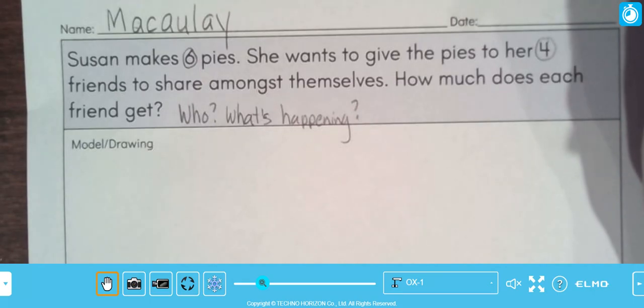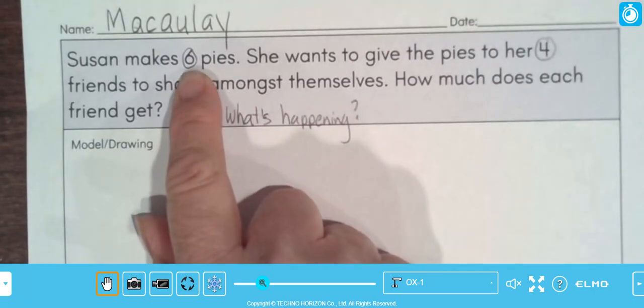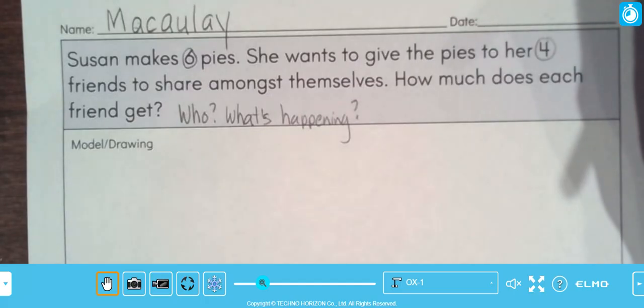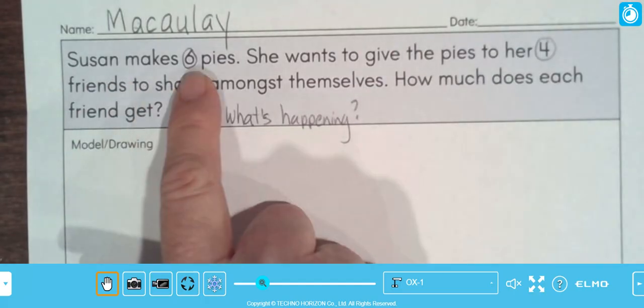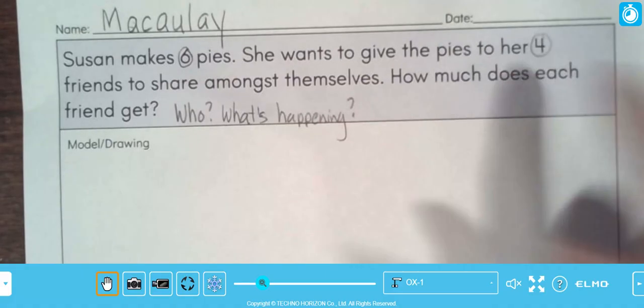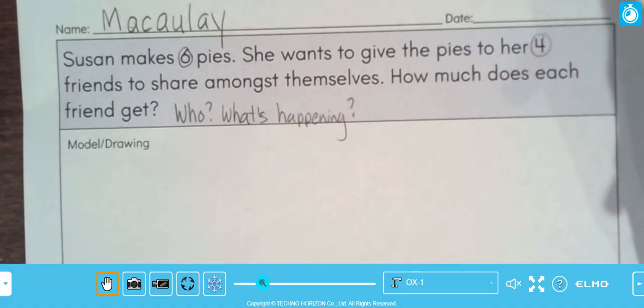Okay, so what does this 6 mean? Yeah, 6 is all the pies, right? All the pies that she makes is 6 pies. So what does this 4 mean? Okay, they're going to share it with 4. She's going to give it to her 4 friends, right? Those are the people that are going to have the pies, the 4 friends.